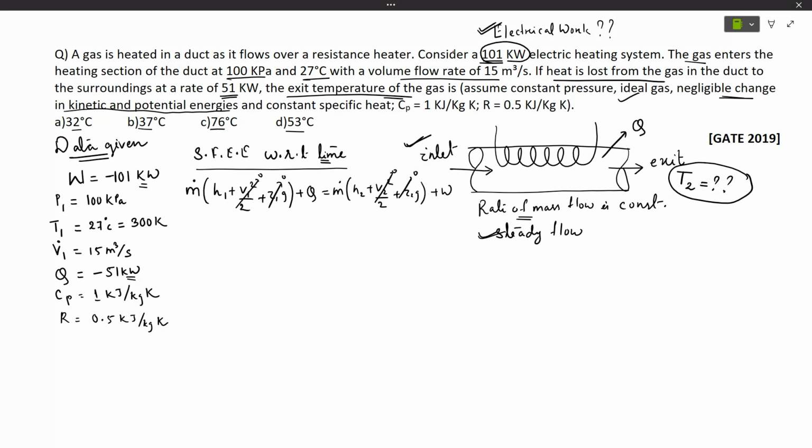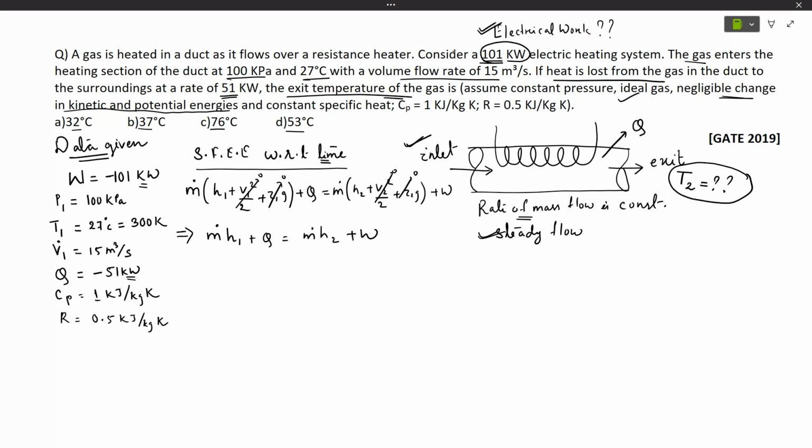After neglecting them, the equation reduces to m dot h1 plus Q equal to m dot h2 plus W. Now in this equation we have the magnitudes of Q and W, but we don't have the magnitude of m dot, h1 and h2.